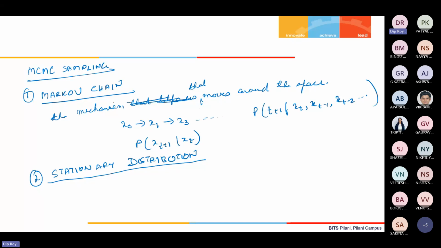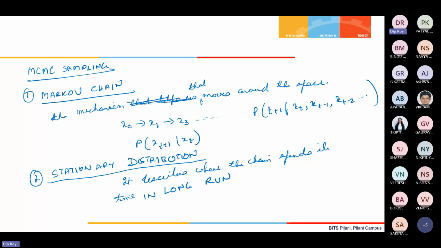So when you have a long chain, the stationary distribution describes where the chain spends its time. And not only where, but where it spends its time in the long run, because the chain will not converge.